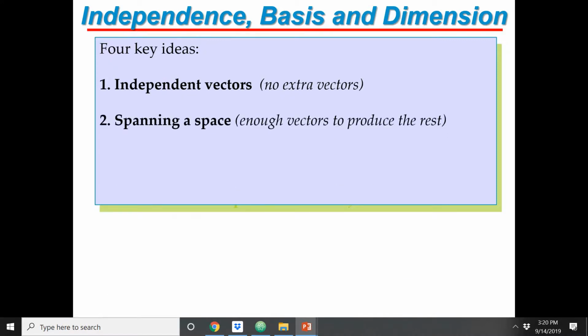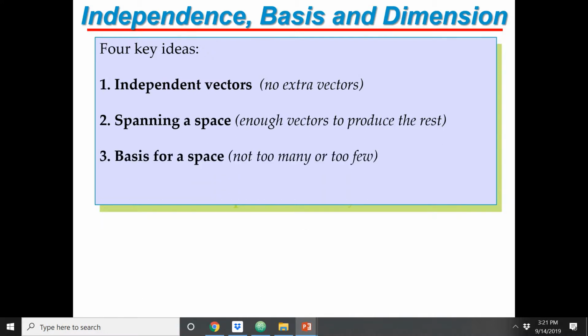Now, spanning a space, let's say the space R4, you can do this with 50 vectors in R4, or you can do it with just 4 independent vectors in R4. In both cases, the 50 vectors or the 4 vectors span the space, but we're really interested in the minimum set of vectors necessary to span a space, and those vectors are independent vectors, and they form, as we have seen, a basis.